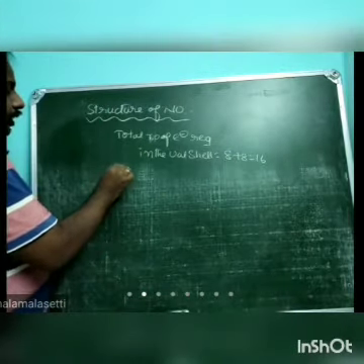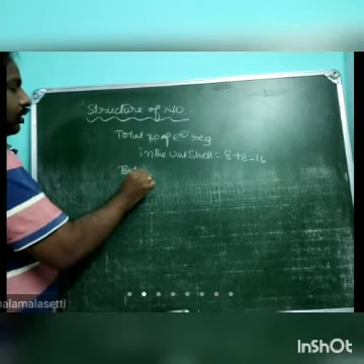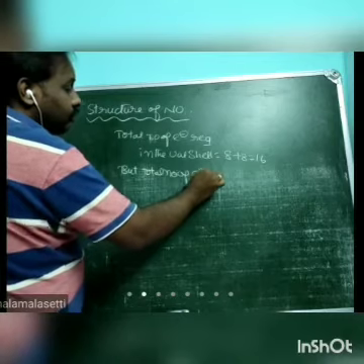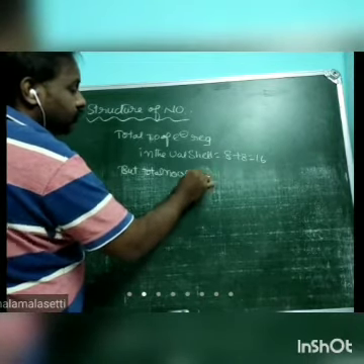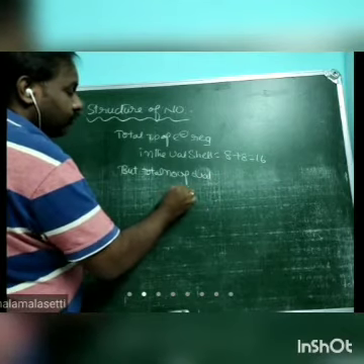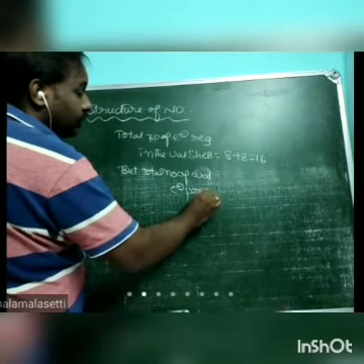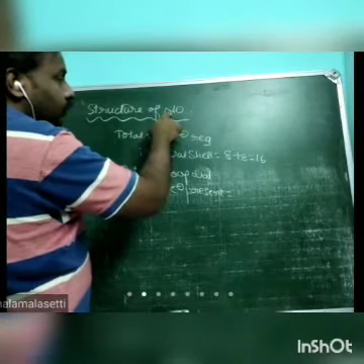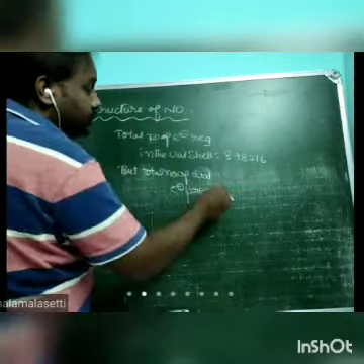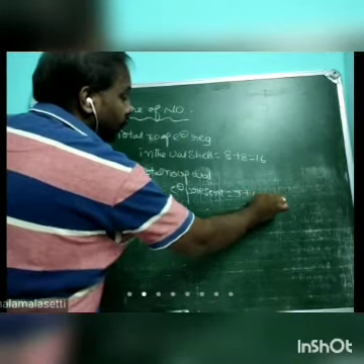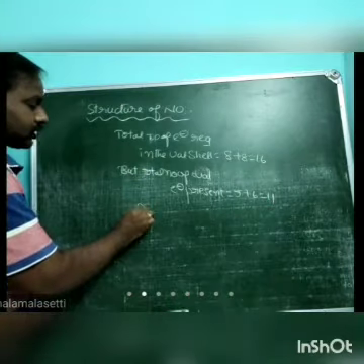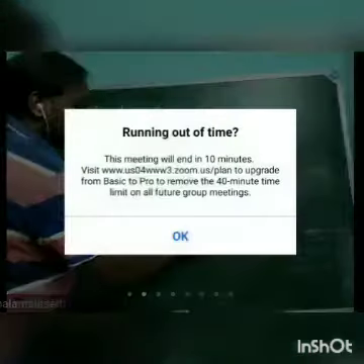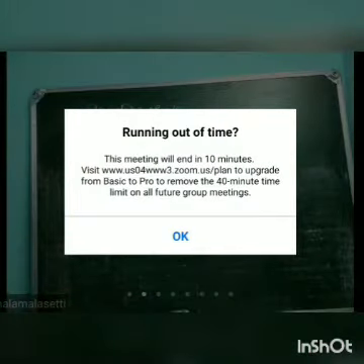But the total number of valency electrons present is, nitrogen valency is 5, oxygen valency 6, total 11. So the difference is 16 minus 11, that is equal to 5. So 5 is an odd number.